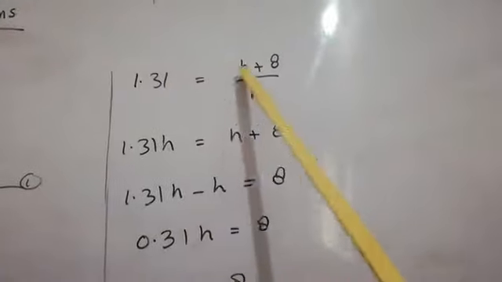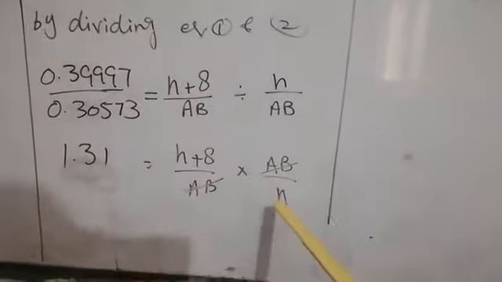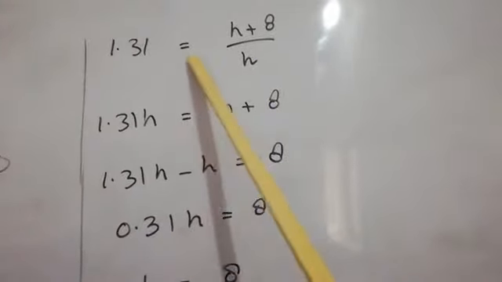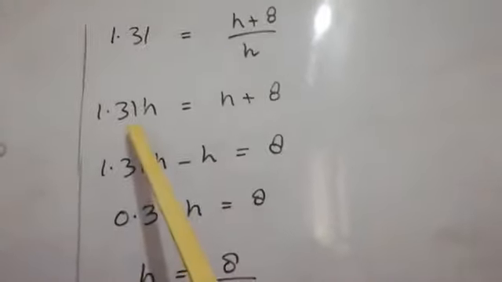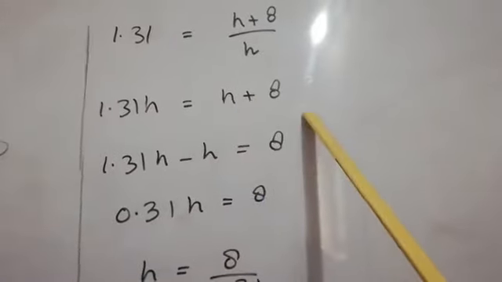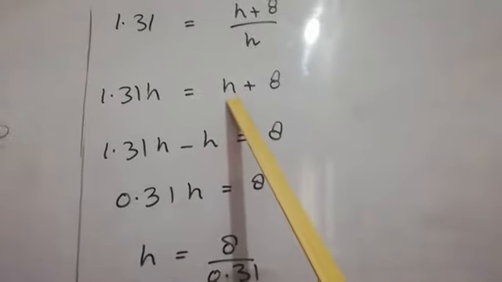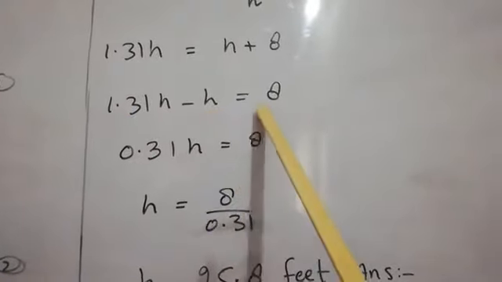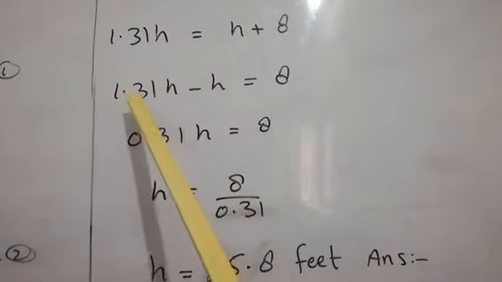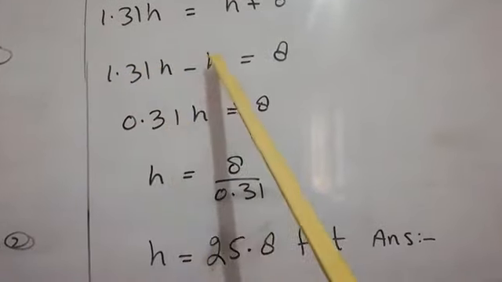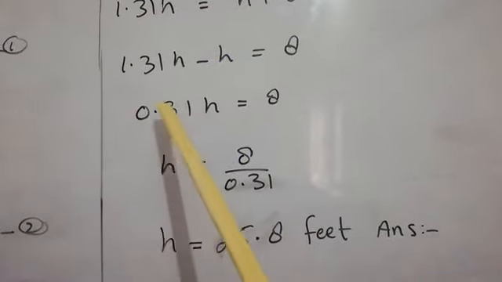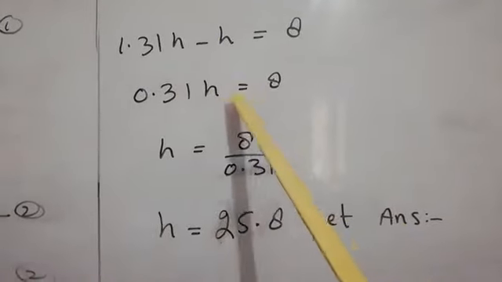So write this here: 1.31 is equal to (H plus 8) divided by H. We multiply by H by cross multiplication and get 1.31 H equals H plus 8. H is common, so if we subtract H from both sides, we get 1.31 H minus H equals 8, and by subtracting we have 0.31 H equals 8.